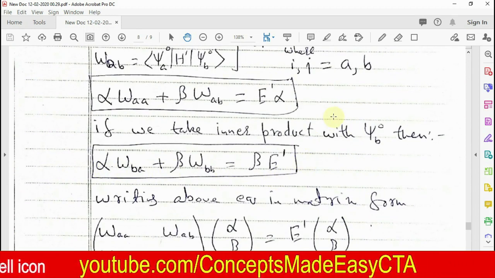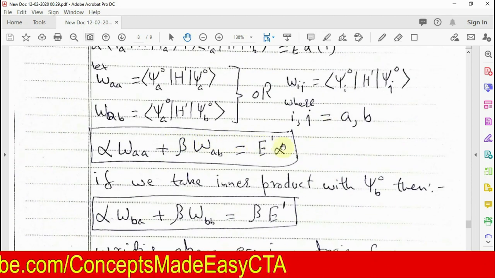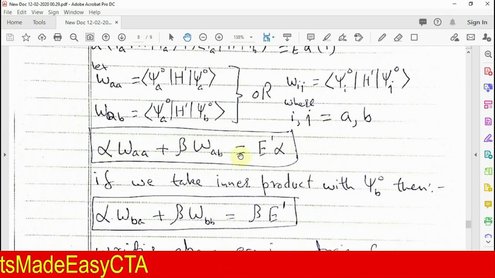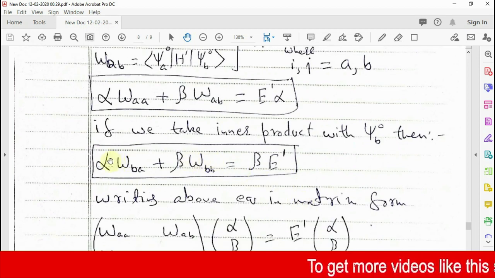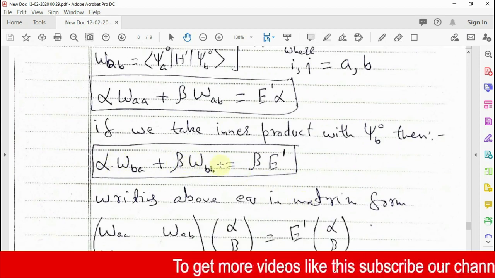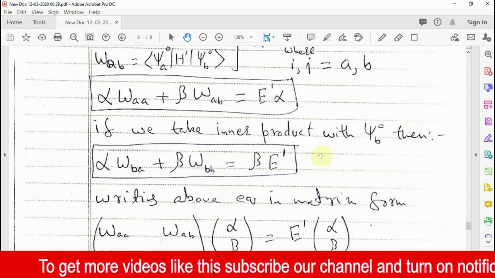As in the case of psi a of 0 we ended up with this equation, in the case of psi b of 0 we will end up with this equation. It's your homework as an assignment. You will do this. The same calculation will be done over here.